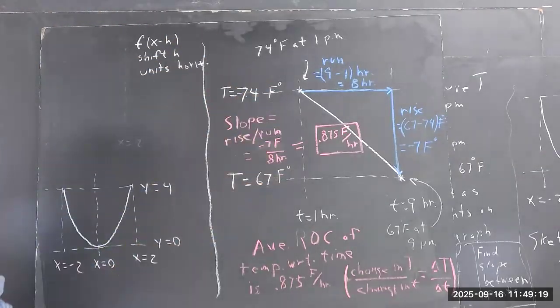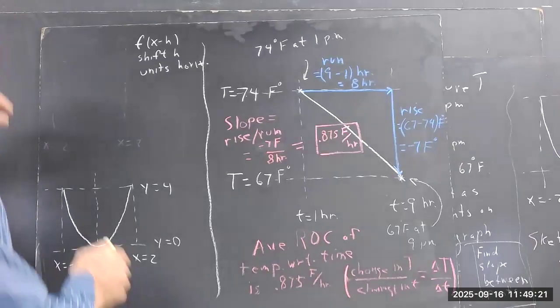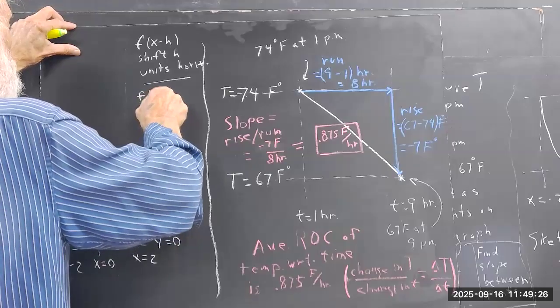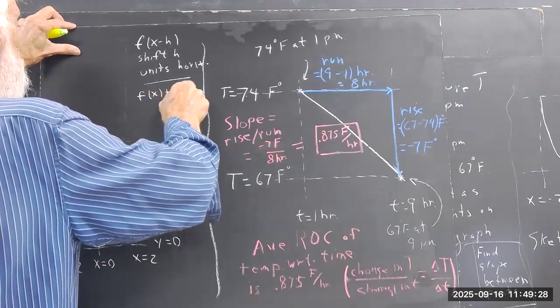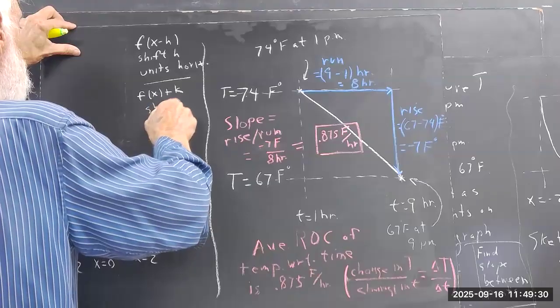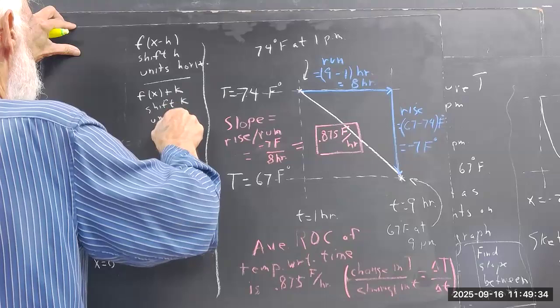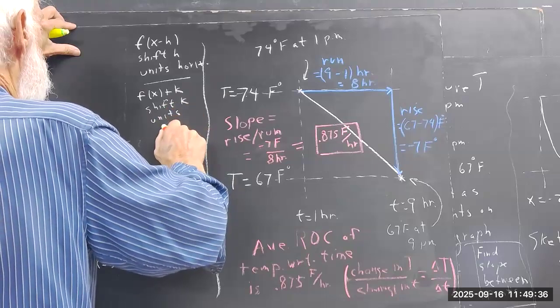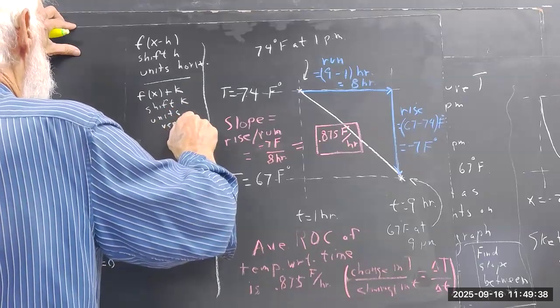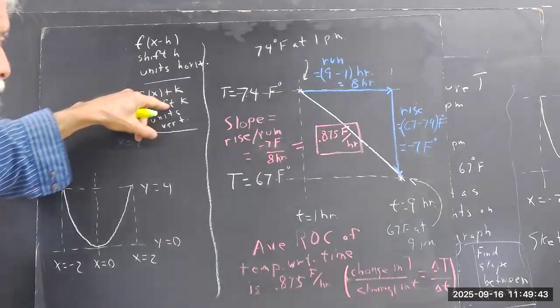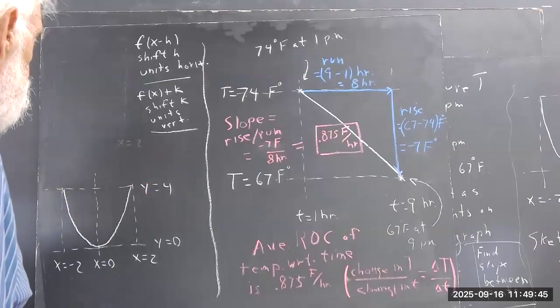Don't have room to write that. That should be implicit. And I'm abbreviating that just as shift k units vertically.